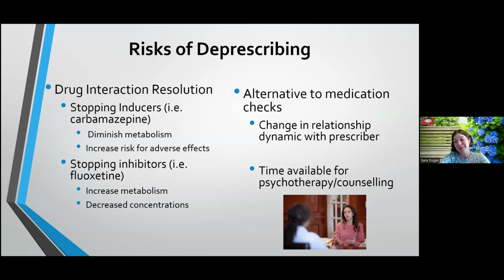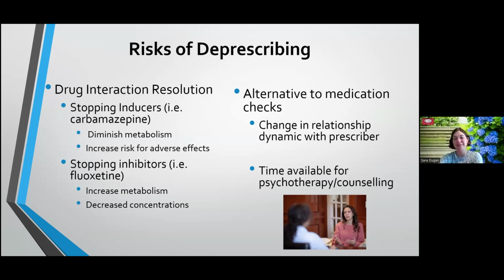On the flip side, there are inhibitors. So medications that make the enzymes less effective and efficient at clearing other medications. Fluoxetine is an example. So if we're getting rid of that, fluoxetine is probably not the best example because it does have a nice long half-life.